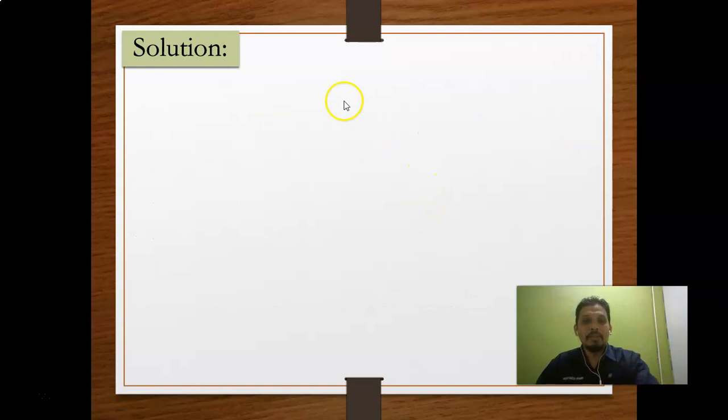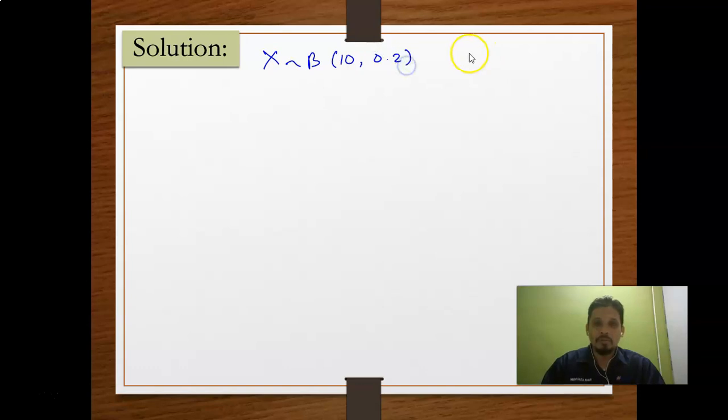So now X is binomially distributed, the number of trials is 10 bulbs and 0.2, the bulb damaged, as a success. So P equal to 0.2, then Q equal to 1 minus 0.2, which is equal to 0.8.